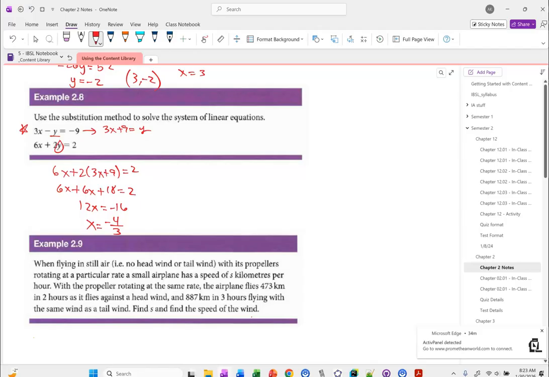Everybody okay there? To get the y, what do I do? Plug it into the same thing with the x. Or you can just plug x back into both equations. Any equation that has both x and y in it. But to me, my preference would be using this one. Why would I choose to use this one?